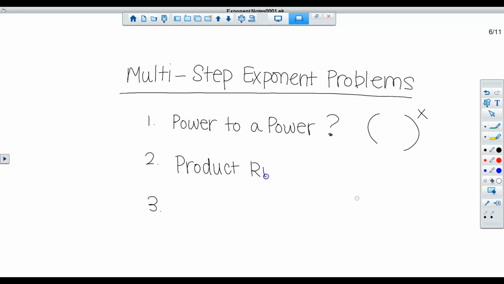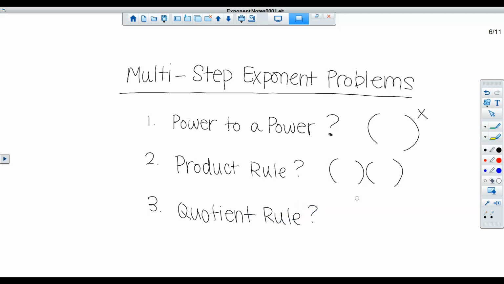After you have done power to a power, the next thing you're going to do is ask yourself, is product rule in this problem? And remember, for product rule, what you would have is 2 sets of parentheses being multiplied together. Or sometimes they don't even put the parentheses, they just put the little dot for multiply in there. And then third and final, you will ask yourself, is quotient rule in my problem?